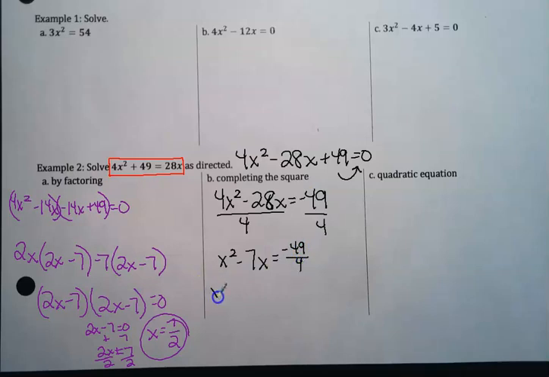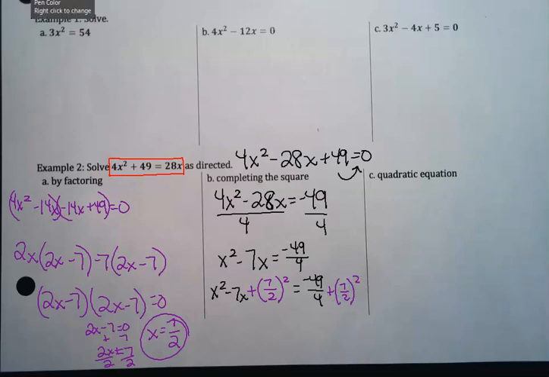Okay, so now we're going to have x squared minus 7x. We're going to add the b, 7 divided by 2 squared. And this is going to equal your negative 49 fourths plus 7 over 2 squared.